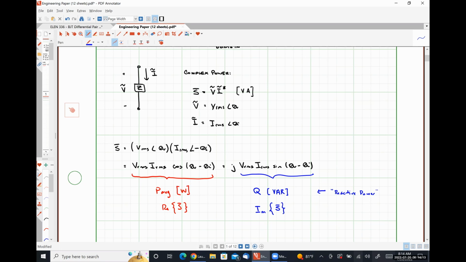Now, you may ask yourself, well, if reactive power just represents power being transferred back and forth between the source and a load in a system, what does it actually do? So reactive power is used in electricity distribution as a form of temporary energy storage.